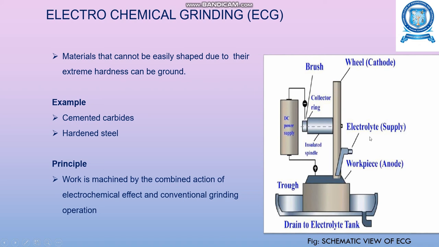And you can see here the electrolyte is being supplied, and this workpiece is placed inside a trough. There is a drain plug here in this trough to drain the electrolyte from the tank.